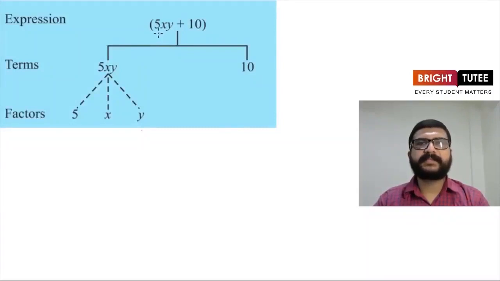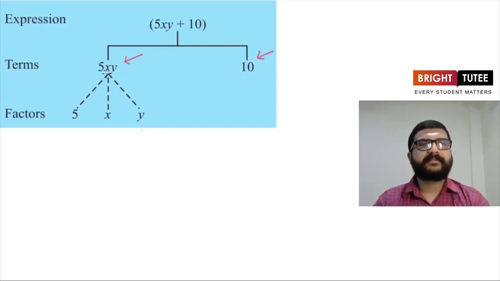Now the expression is 5xy plus 10. So what we are doing here: first we formed 5xy by multiplying 5 with x and then with y, and then we added 10 to it. So there are two terms in this expression. The first one is 5xy and the second one is 10.